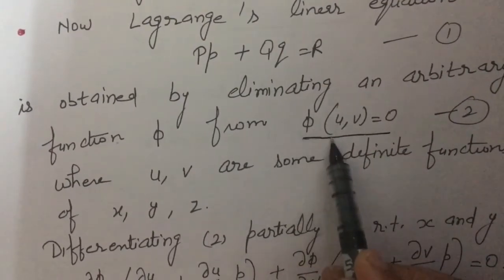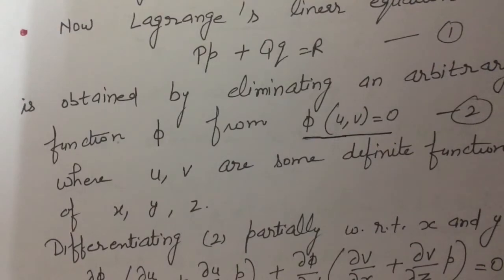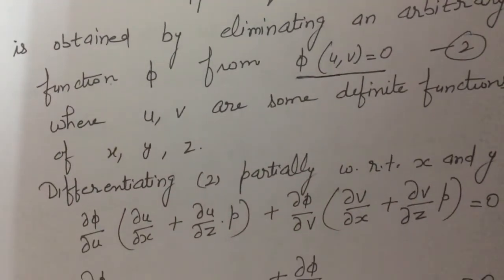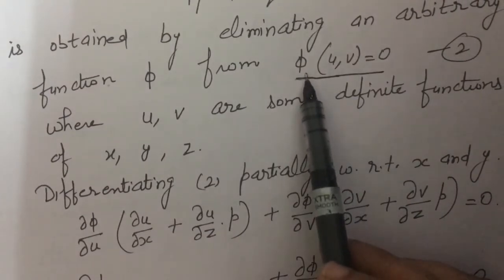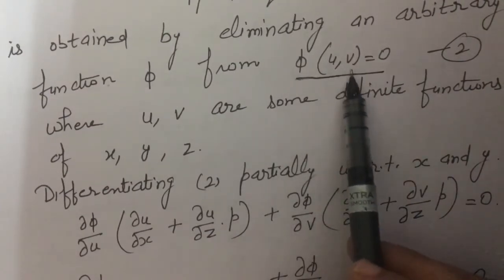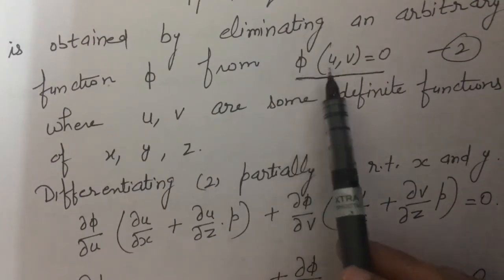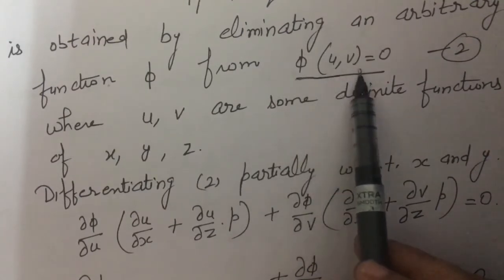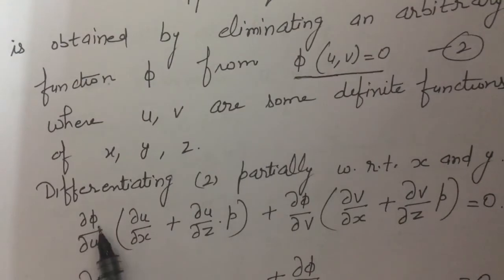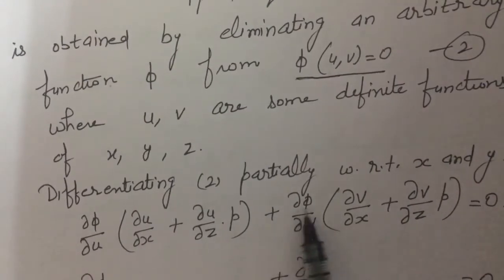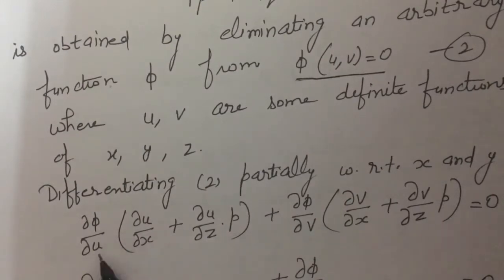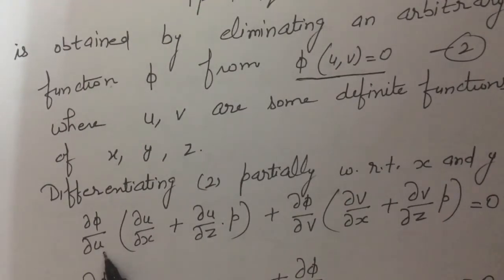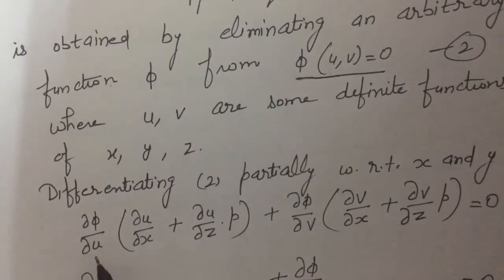We differentiate this relation on both sides partially with respect to x and then y. Here phi is given as a function of u and v, so we can differentiate phi with respect to u as well as with respect to v. So we can write ∂phi/∂u plus ∂phi/∂v. But in turn, this u is a function of x, y and z. It means u can be differentiated with respect to x, y and z.